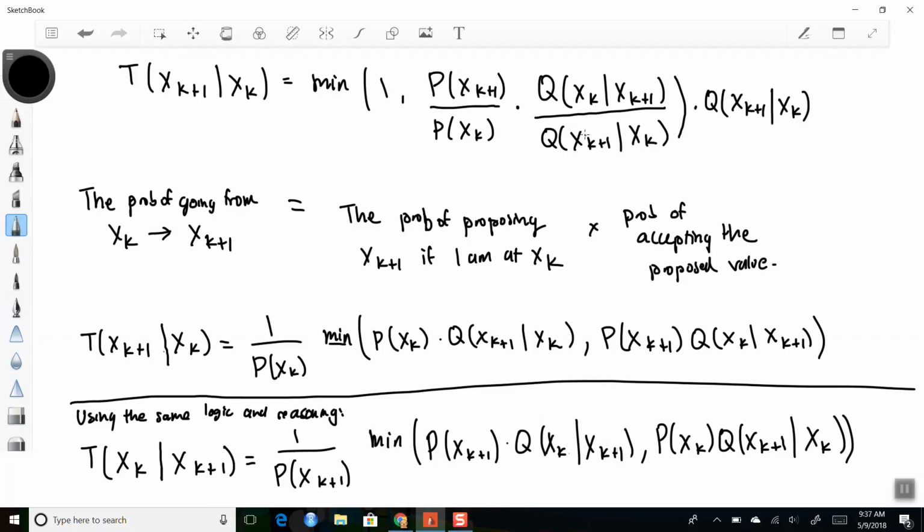If I replace 1 with probability of xk over probability of xk, which is 1, and I distribute this xk plus 1 over here, then I have probability xk times q of xk plus 1 given xk, and over here for the second term, this will cancel out with this, and we will be left with this part. Okay?